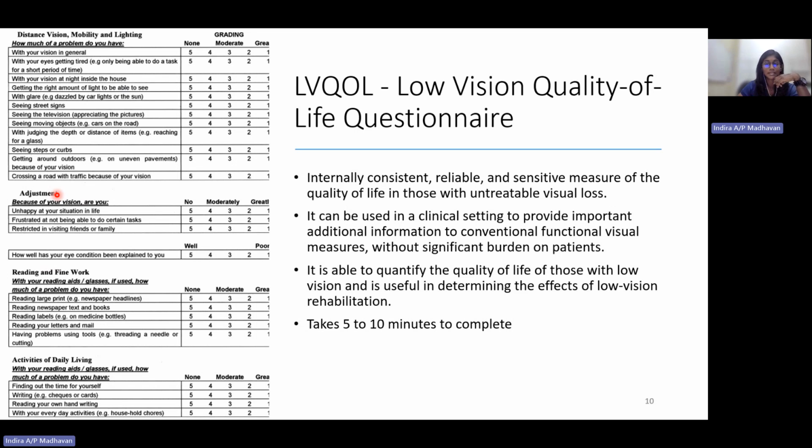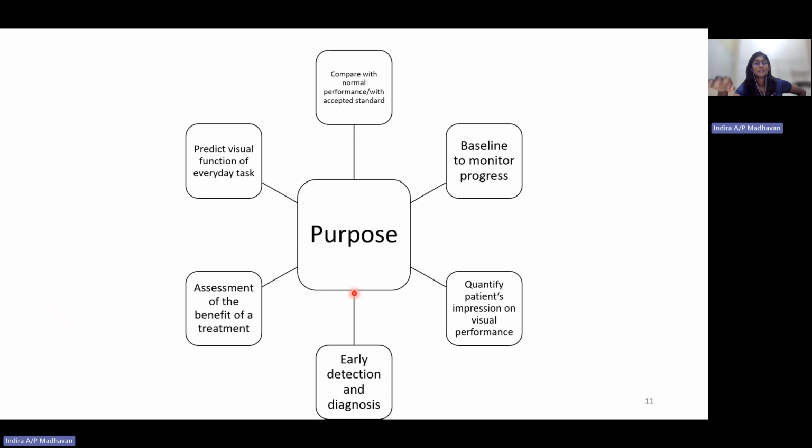It only takes about 5 to 10 minutes to complete, whether you read for them or they read by themselves. So it's not a burden for the patient. After you do this, you can straight away start the other assessments.